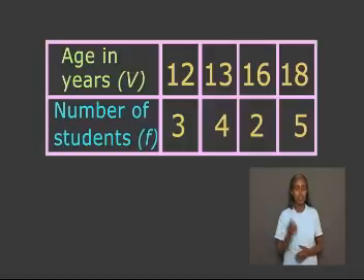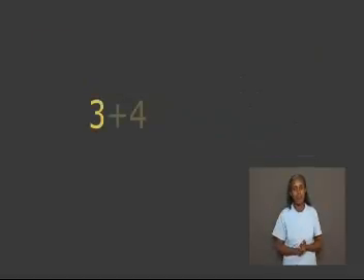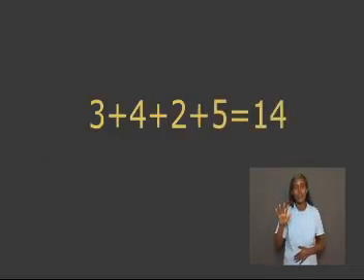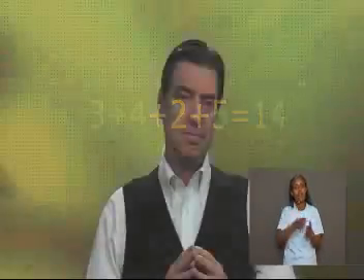We add together the data in our frequency row. 3 plus 4 plus 2 plus 5. Now we have learned that there are 14 students in the class. This sum is our total number of values.